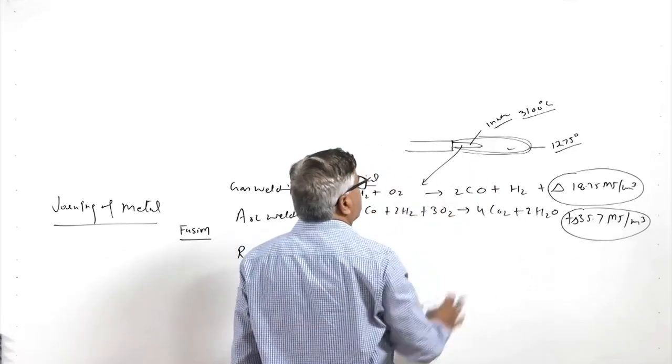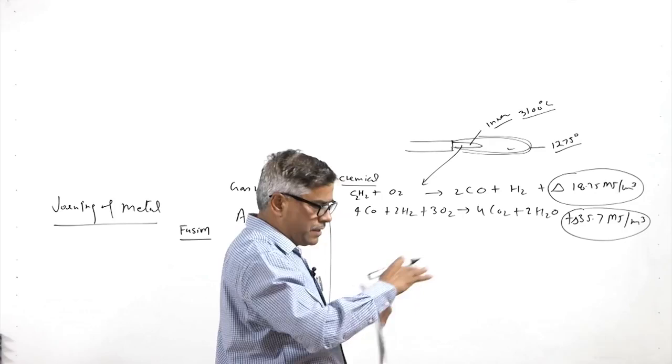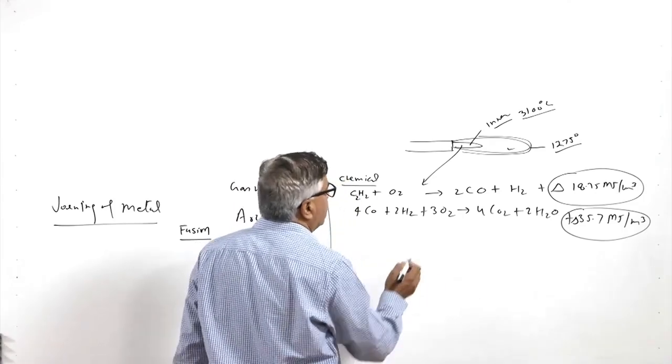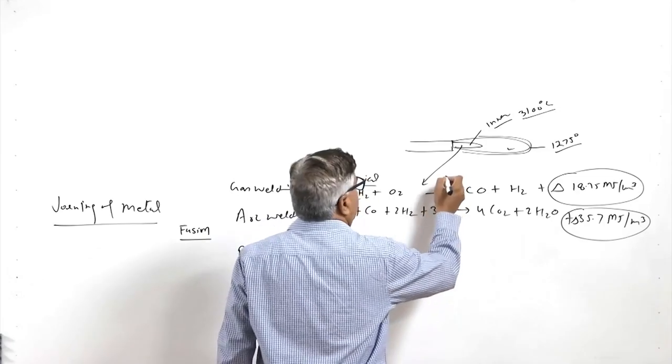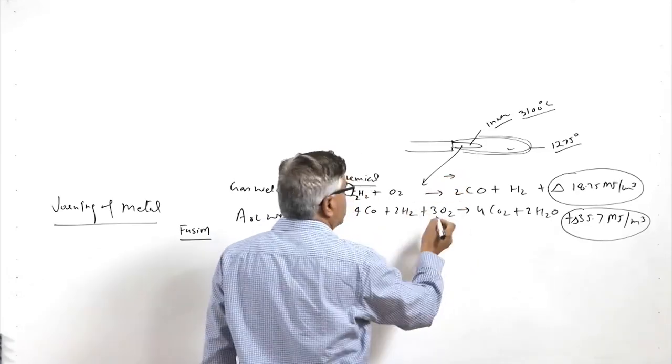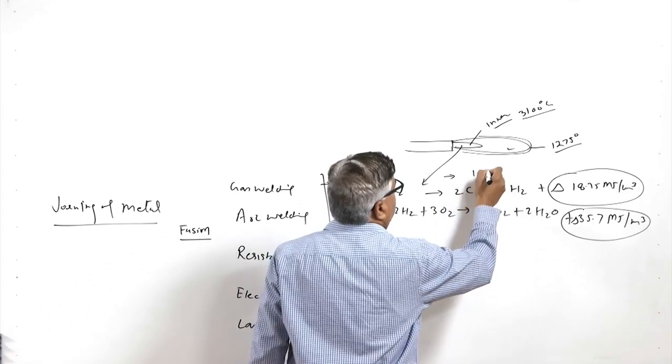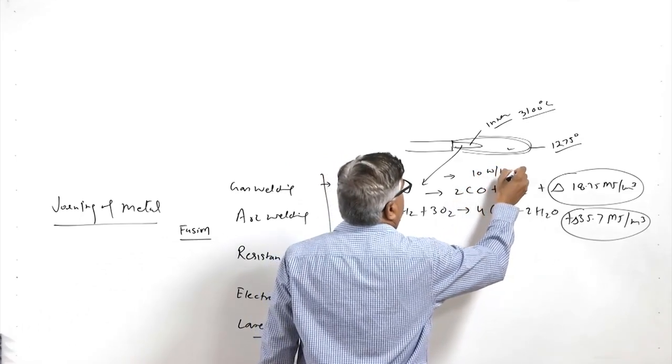Since the flame is much larger in size, it covers a very large area of the base metal, and that is why the energy density associated with this process is quite low, about 10 watt per mm square.